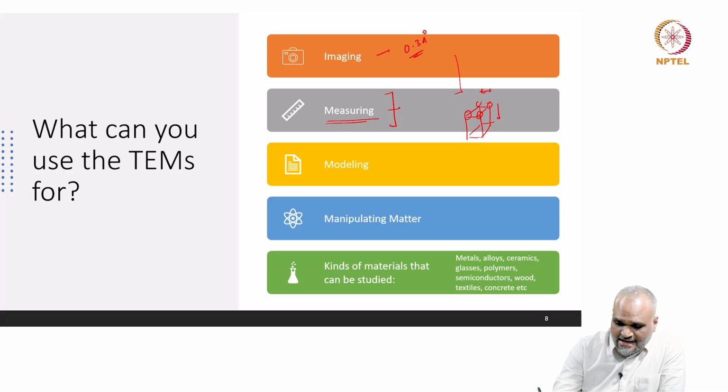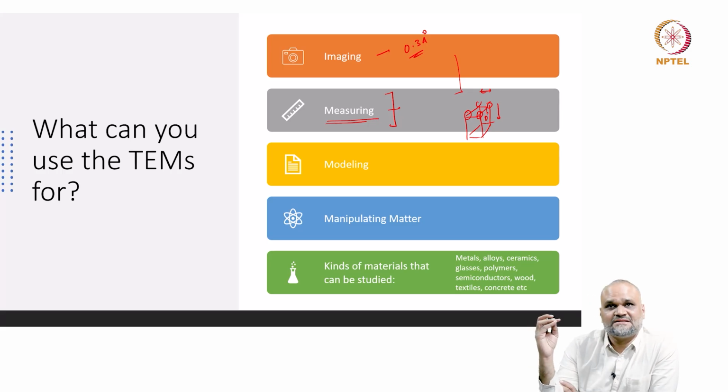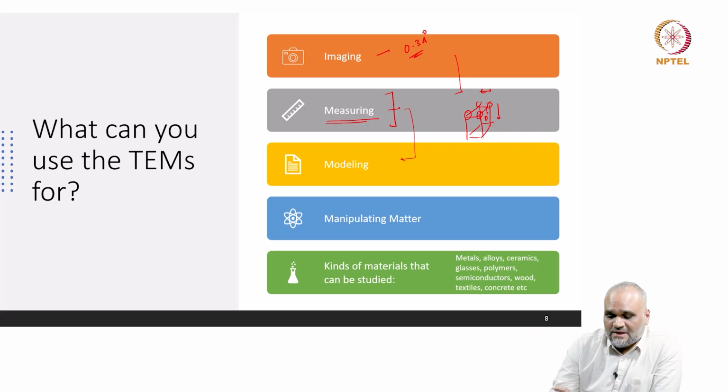This kind of information that I measure from high resolution TEM or high resolution STEM micrographs, I can feed in and create models to understand materials better. This is one kind of modeling and measuring that I can do.